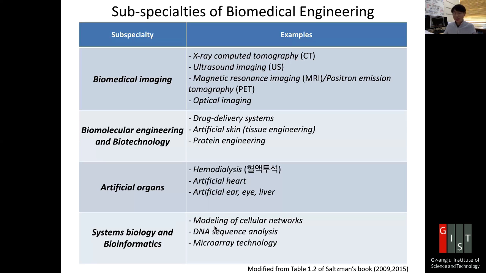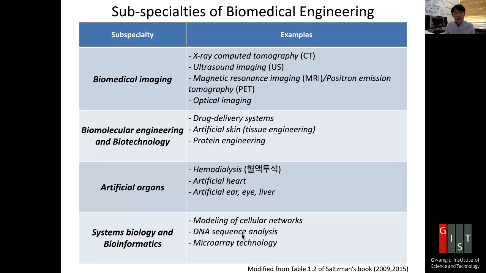So that requires modeling of cellular networks, and not only a single gene, but we are discussing the whole or some combination of the genome. So for that, we need DNA sequence analysis.